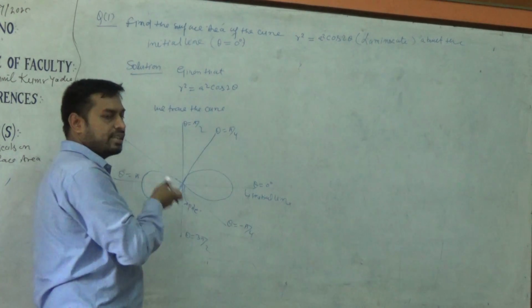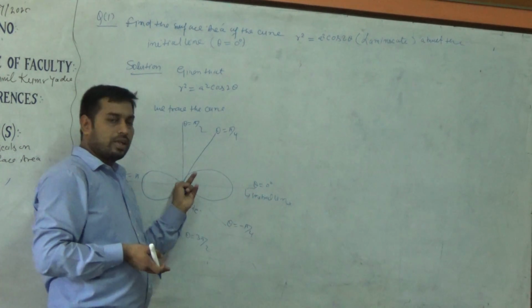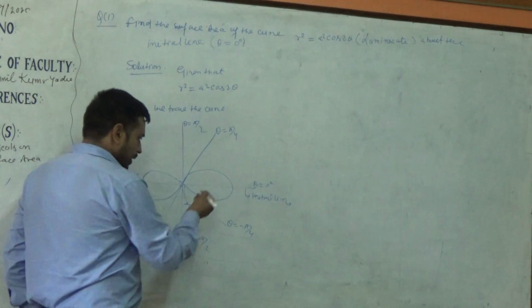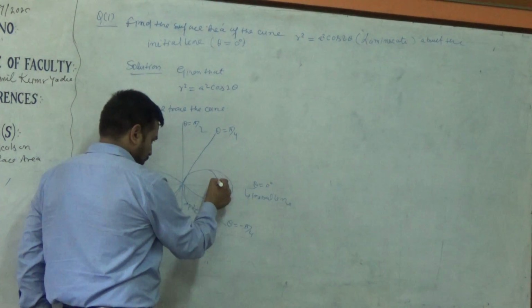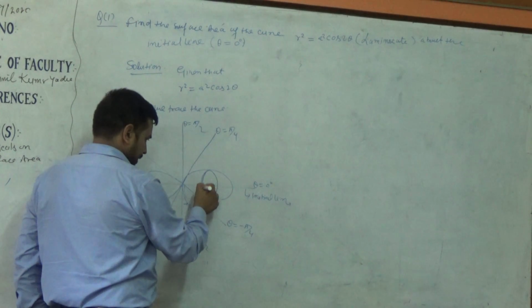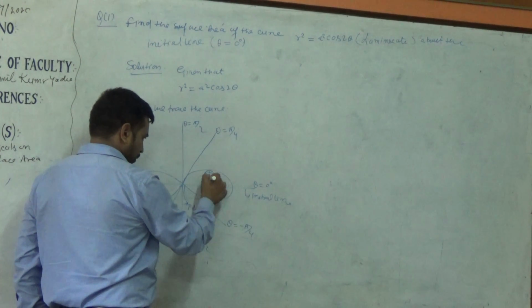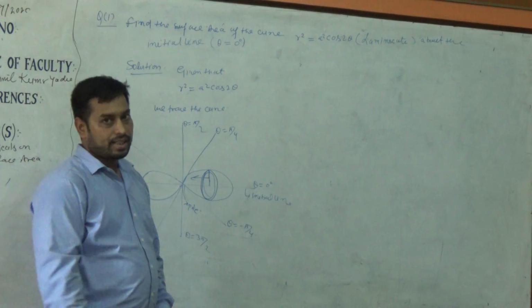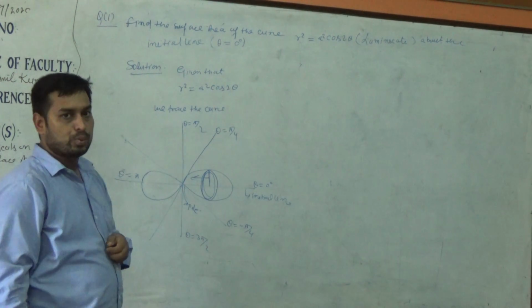When this curve is rotated about the initial line, it generates a circle whose radius is parallel to the line theta equal to pi by 2.